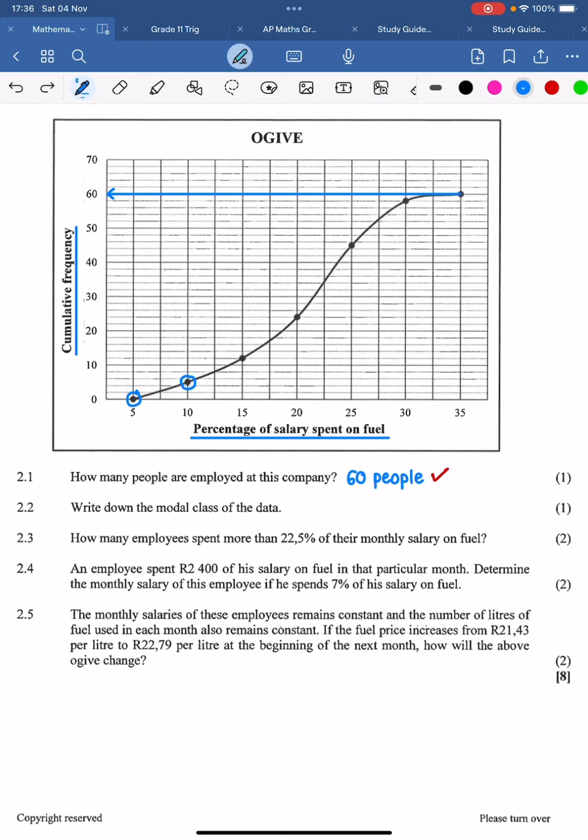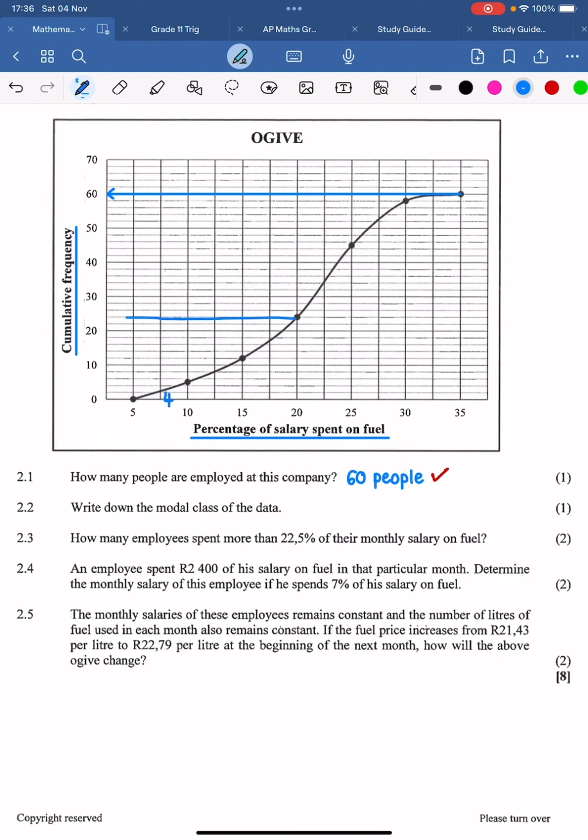That means that each line represents 2 people. So between the first and the second point, we have 0 people, and then we have 4 people. So that means that there are 4 people that spend between 5 and 10% of their salary on fuel. So we can look at the jump there. The highest jump between the 2 points will represent the modal interval, the interval with the most people.